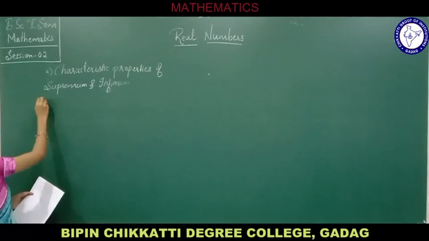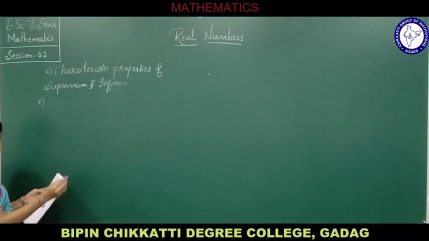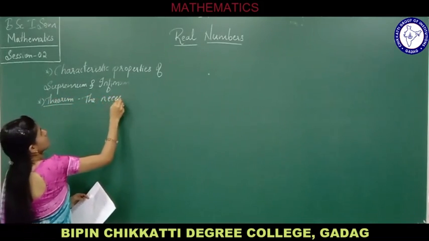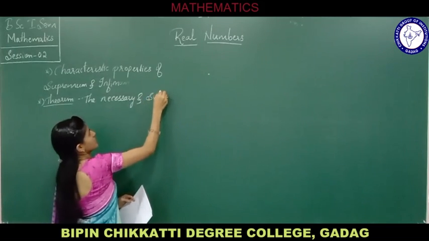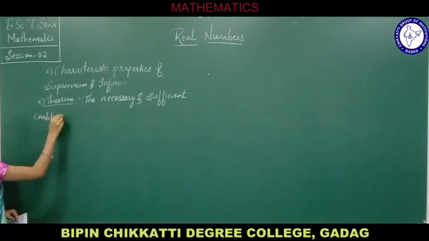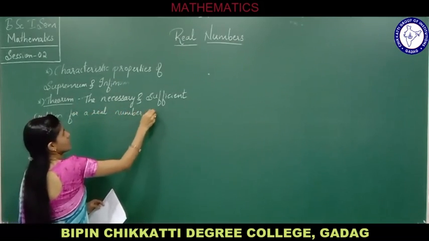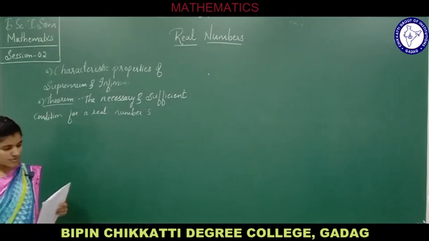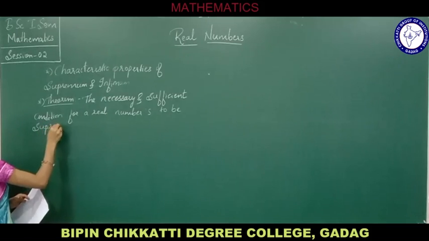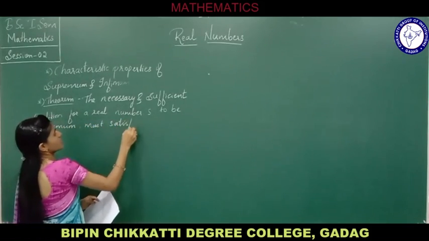The theorem is: the necessary and sufficient condition for a real number S to be the supremum of a set S is that it must satisfy the following conditions.